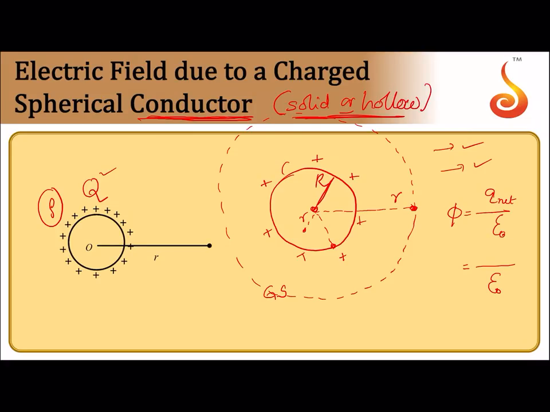Now total charge present on the conductor is Q. So how much charge is captured inside the Gaussian surface? The total charge captured is Q. So flux is equal to Q divided by epsilon naught. Hope you are getting it. You may wish to pause the video, get the things clear, and then proceed in case you are not following. Okay, good.